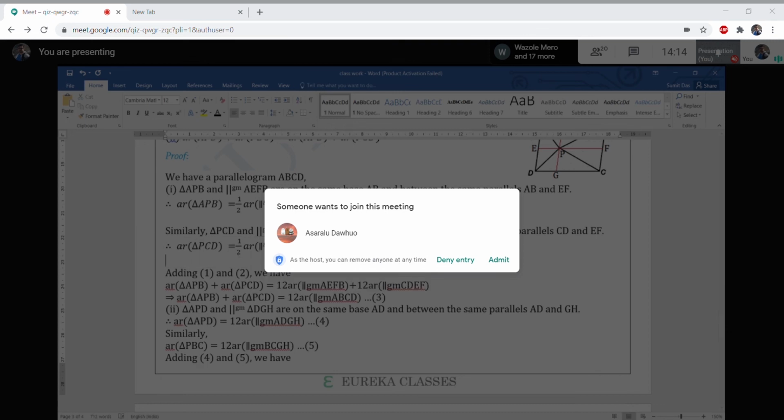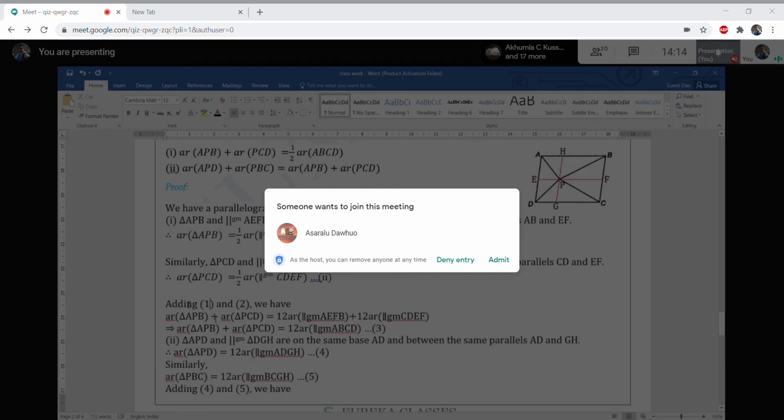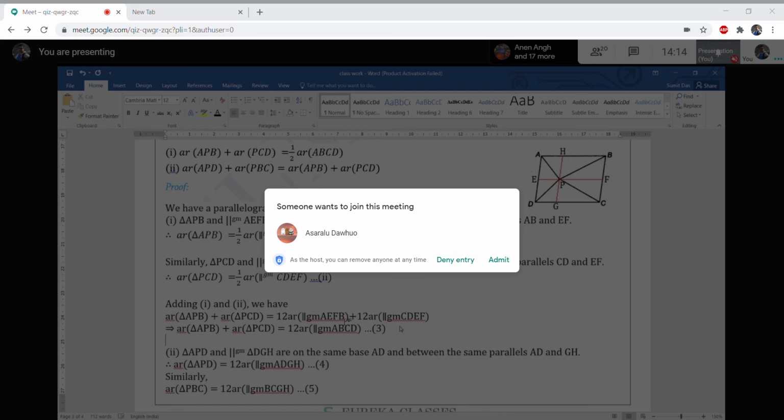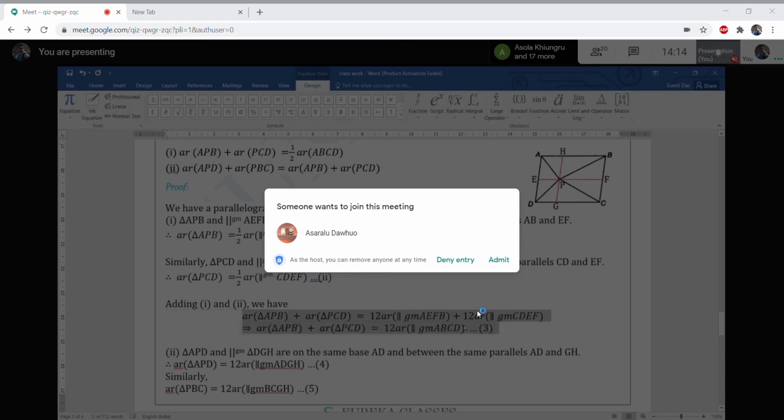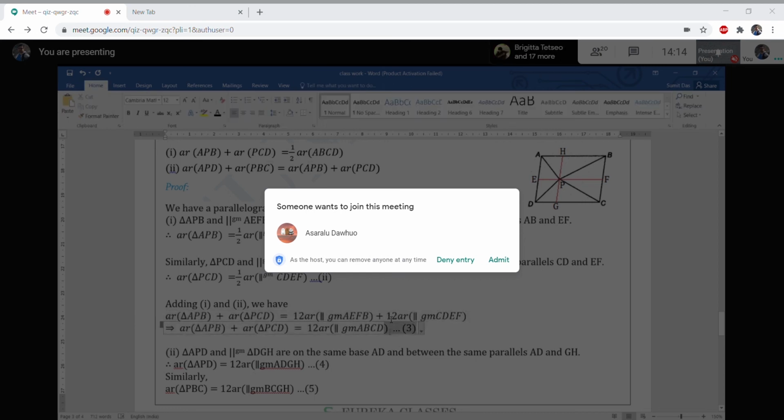So from 1 and 2, what can we get? If we add 1 and 2, on the left-hand side it will be area of APB plus area of PCD. Okay, that's what you are seeing.